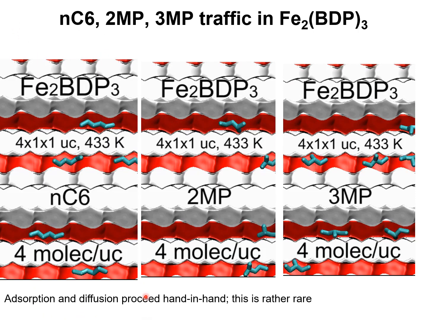Let's consider the traffic of linear hexane and monobranched isomers 2-methylpentane and 3-methylpentane as it moves within the triangular channels of Fe2(BDP)3.